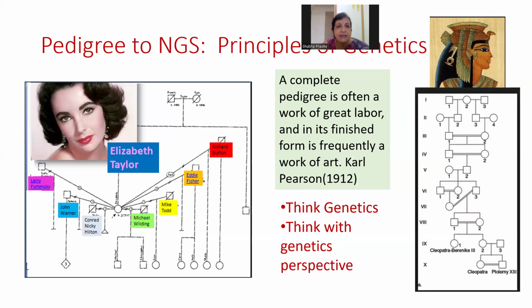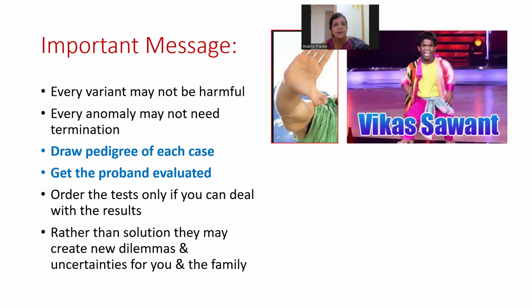So again, to stress that even in the era of next generation sequencing, you have to draw a complete pedigree, and your pedigrees may not be that interesting like the pedigrees of these beautiful women, but they can provide very important clues to the mode of inheritance, to the diagnosis, or sometimes about who are possible carriers, who are obligate carriers, and sometimes they are very, very precious for interpretation of the DNA variants identified by exome sequencing.